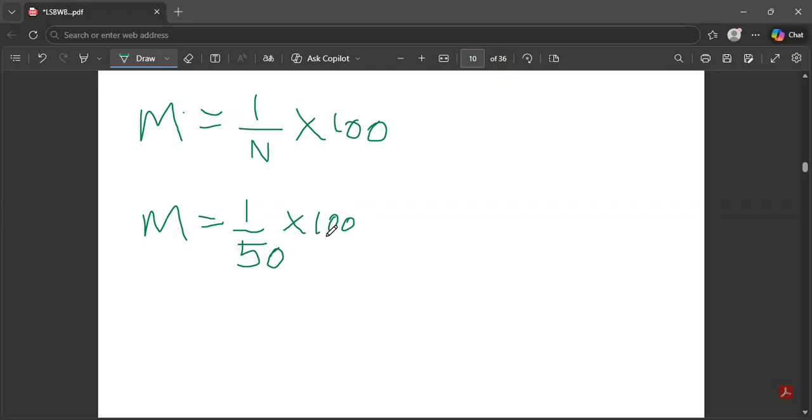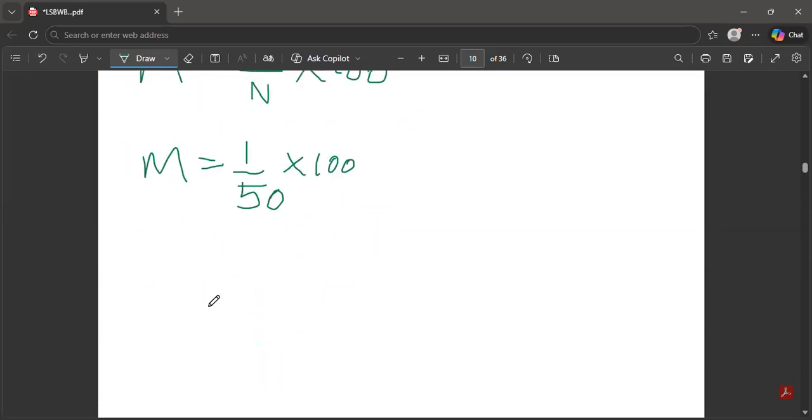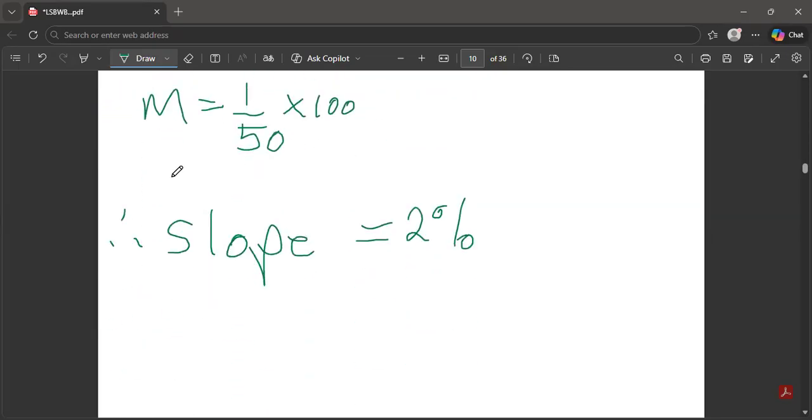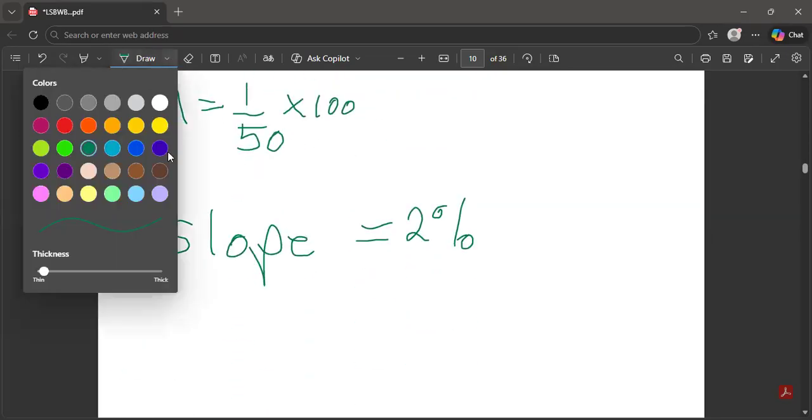Let's all do that together: 1 over 50 times 100, and we are going to get 2. Just 2%. So the answer is 2%. Therefore, our slope is equal to 2%. So let's do the I and proceed.